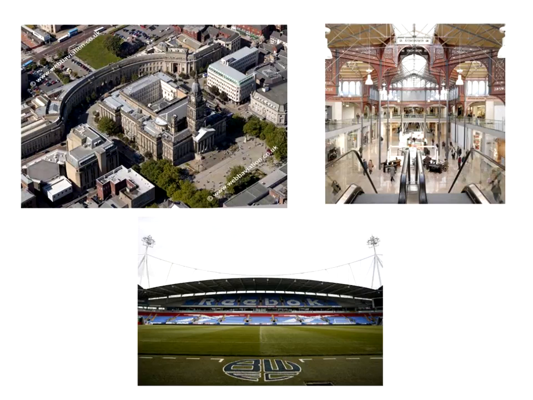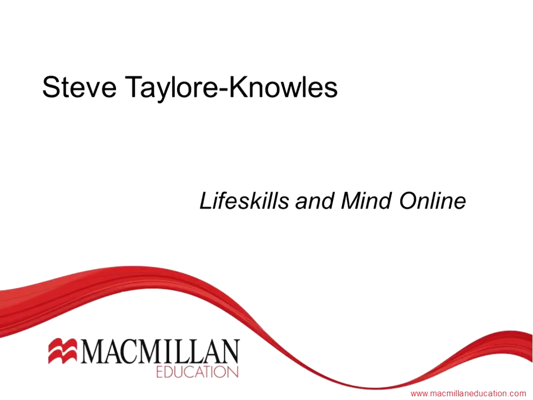Bolton today, there's no textile industry left in any of the northwest of England as far as I'm aware. Bolton today is a vibrant, modern shopping and retail centre, and we've got a football team. Not doing as well as they once did, but we've got a football team. Okay, so that's where I am.